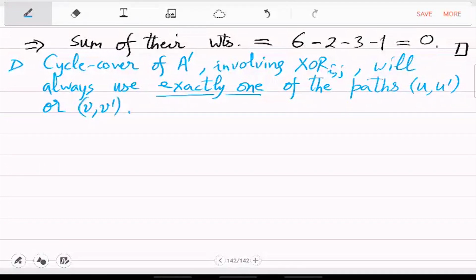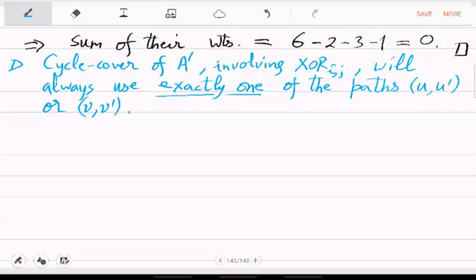Both cannot be used because the UU prime path would already have covered these two extreme vertices. So either UU prime or VV prime will be used, and exactly one has to be used because otherwise the cycle cover doesn't count, weight is 0.